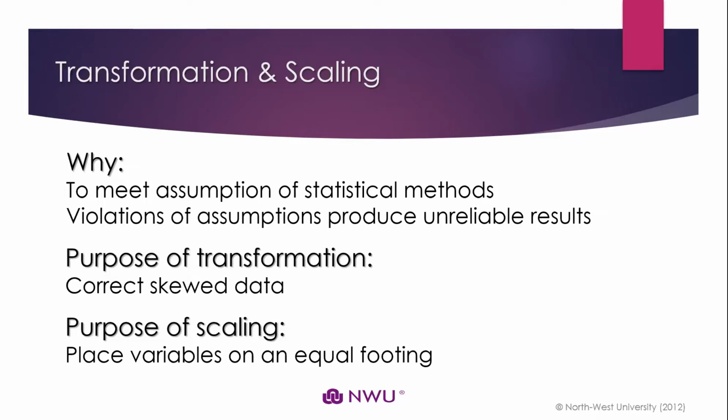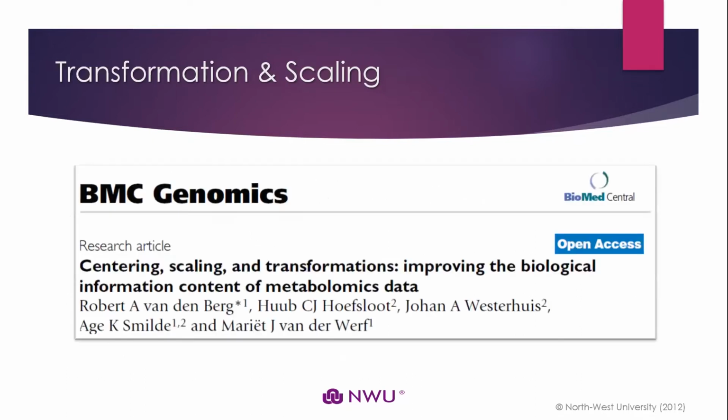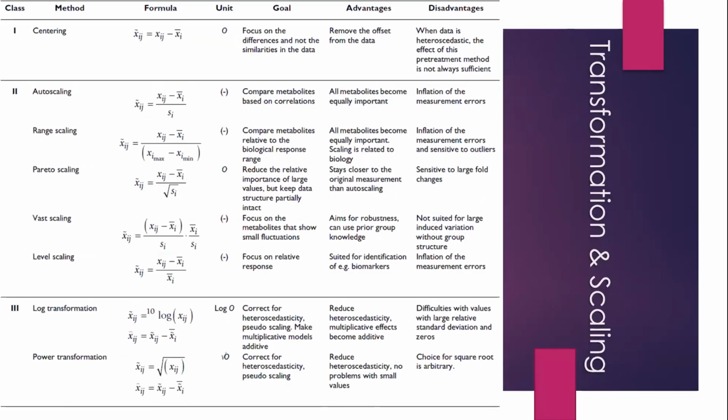Most of us log and auto scale, and that's the routine that we use, and we no longer really fiddle about when it comes to transformation and scaling. I want to challenge you here by referring you to this publication. It's not a very recent publication, but it's still very useful, where the matter is discussed in some detail. What I love about this paper is this table that it provides.